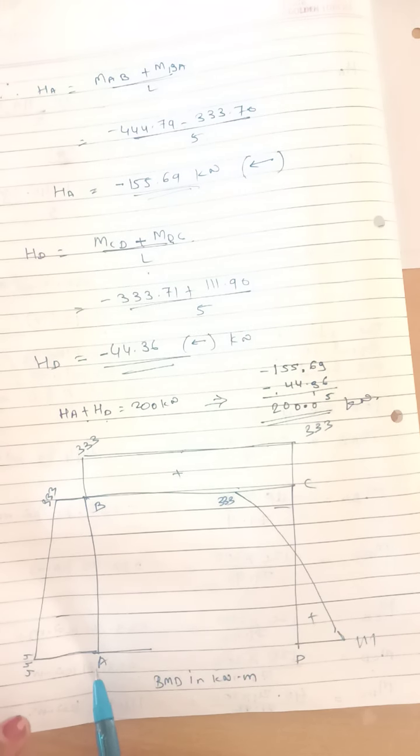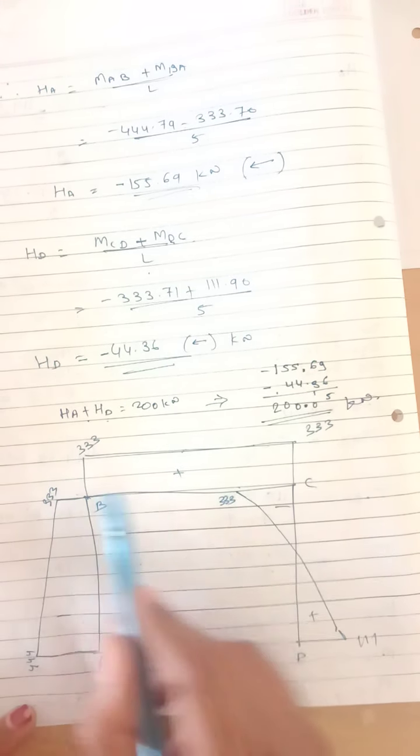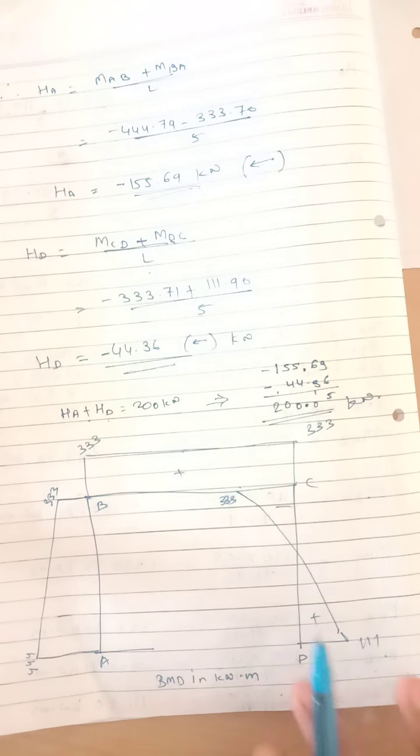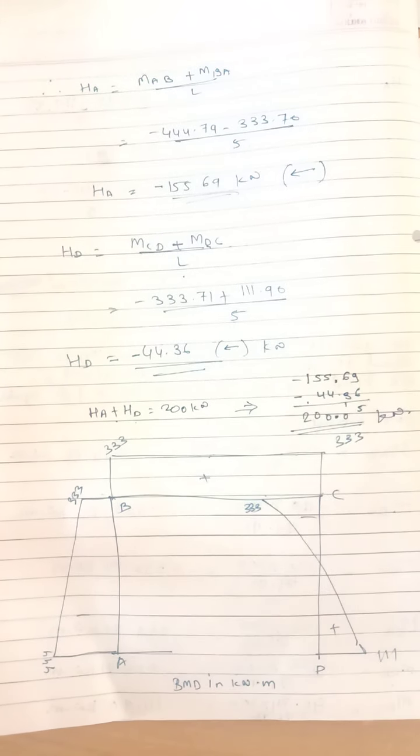From these end moments we draw the bending moment diagram at points A, B, C and D. So this is our bending moment diagram in kilonewton meter. Thank you.